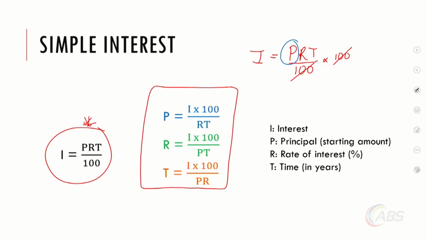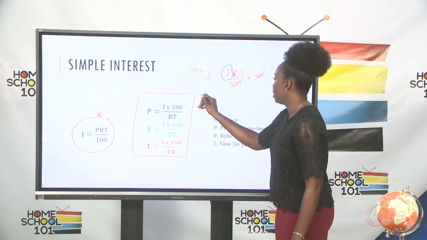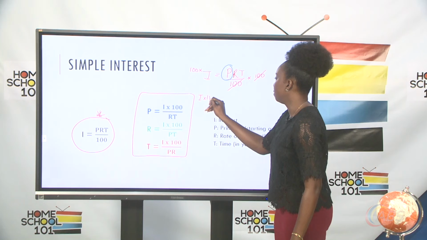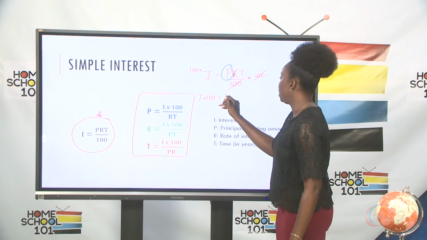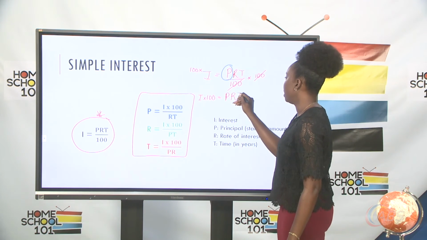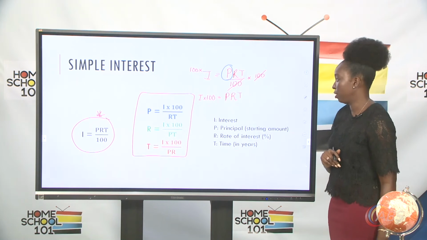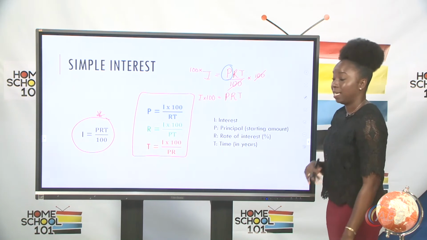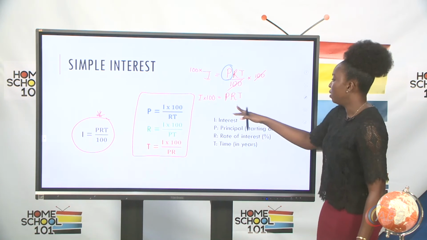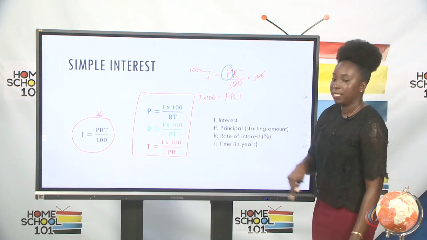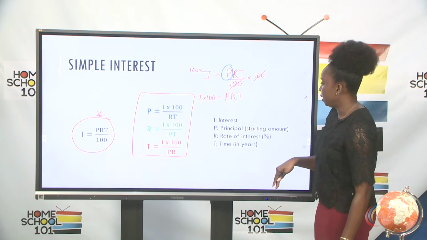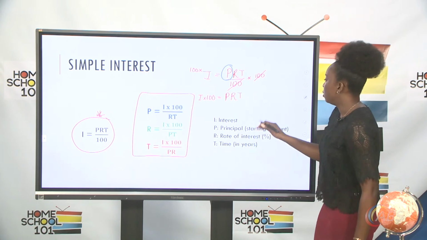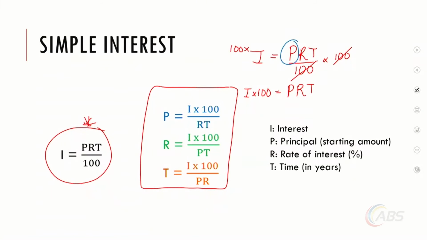But what I do to one side, I also have to do to the other side of the equation. So we end up with I times 100 is equal to PRT, because that's what we have left on the other side of the equation. We're still looking for P, but R and T are hanging on. So let's get rid of R and T. Now, these letters coming together like this represent multiplication, so the opposite of multiplication is division.